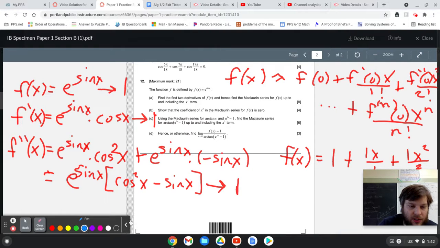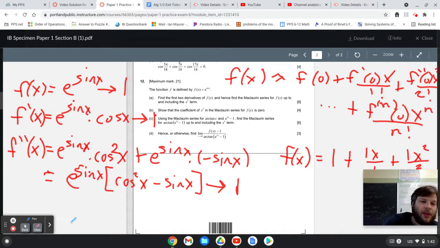I'm going to switch colors just so it's a different part of the problem. So I'm going to take the derivative of this part. This will be my f, this will be my g.